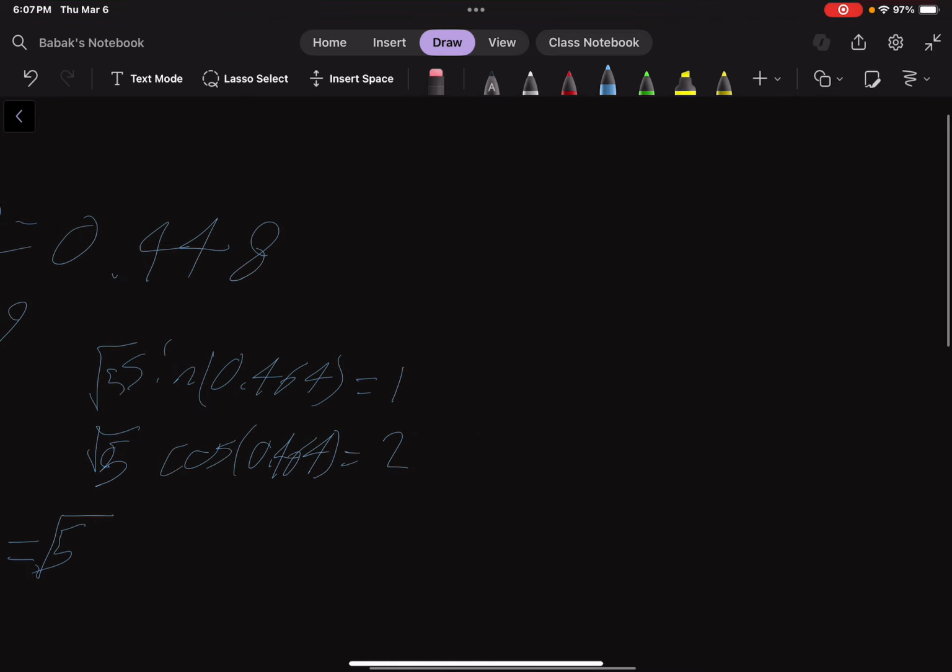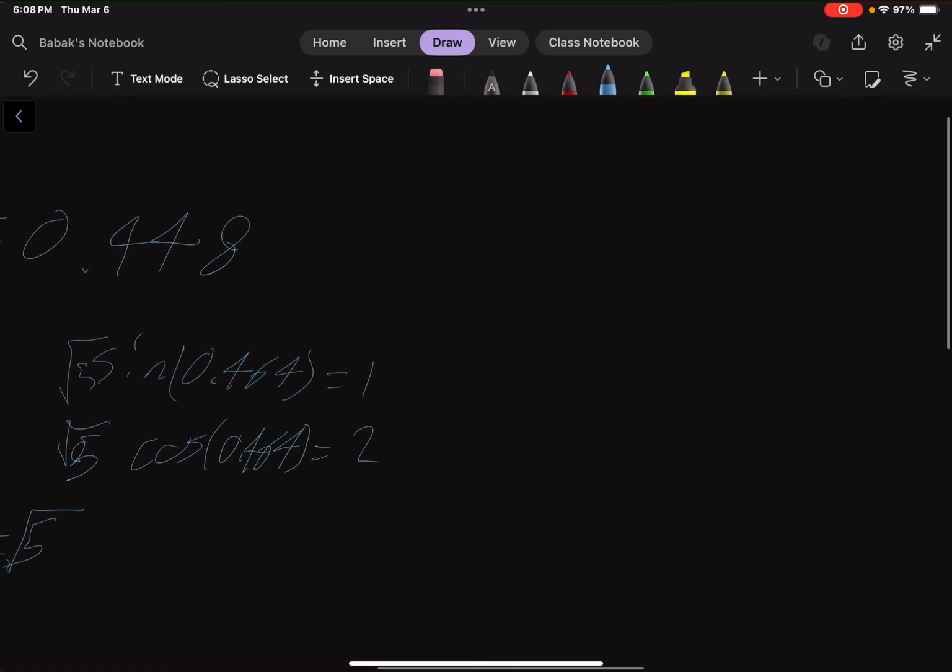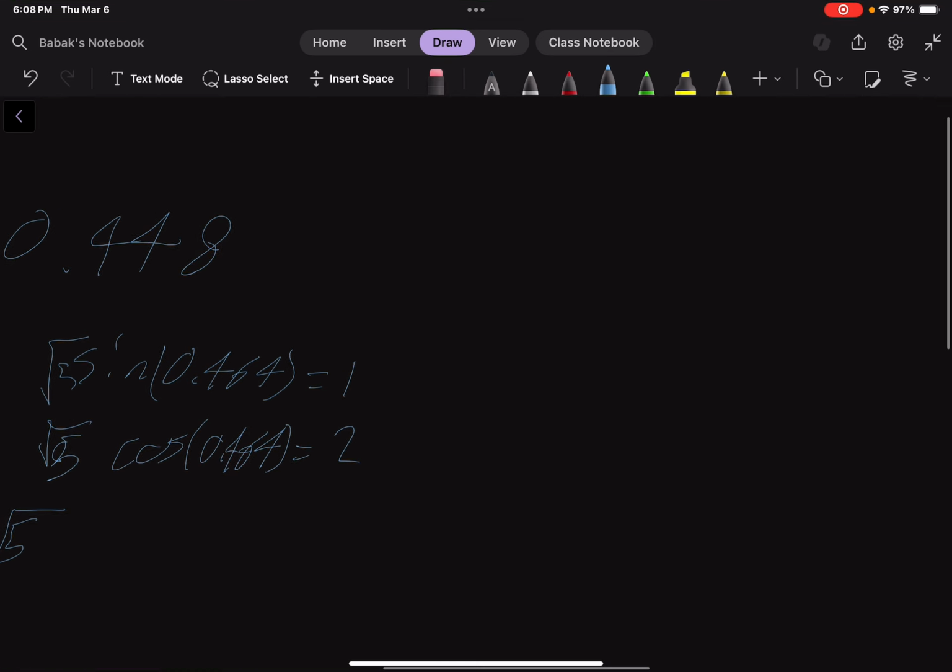Now, how do we use this to represent imaginary numbers, or rather complex numbers, in a different way? Well, there is a notation called cis, which is a mixture of cosine and sine.